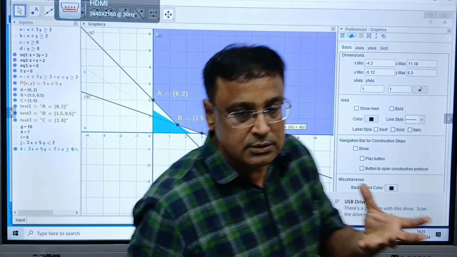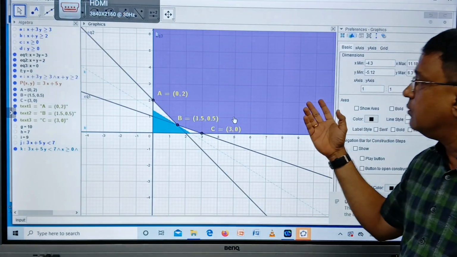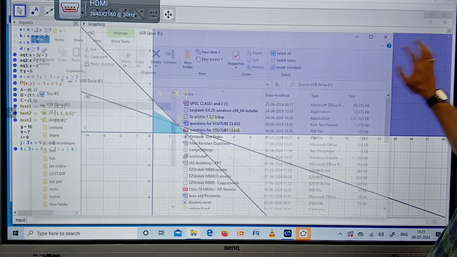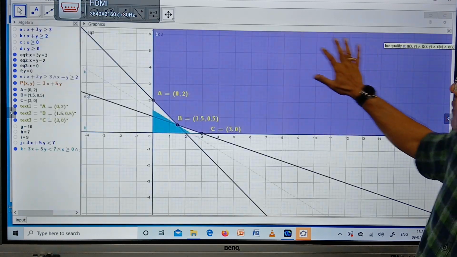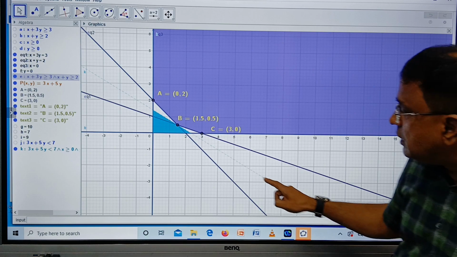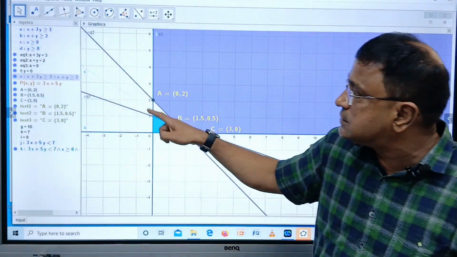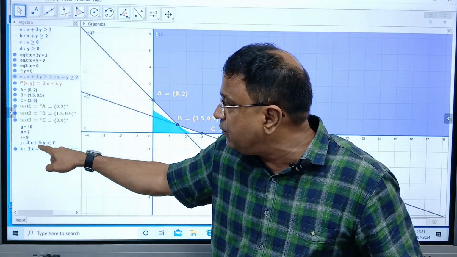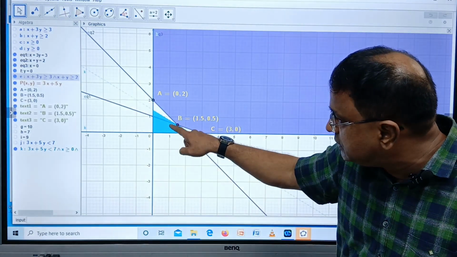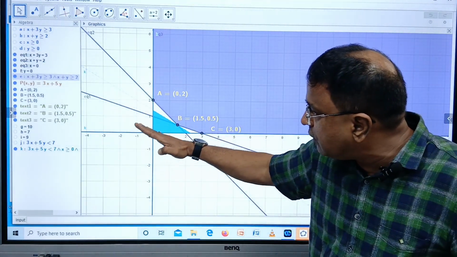Now look at this. This is exactly the graph that I drew. This is my unbounded region. This dotted line is that 3x plus 5y less than 7 open half plane, and this blue color is the open half plane.